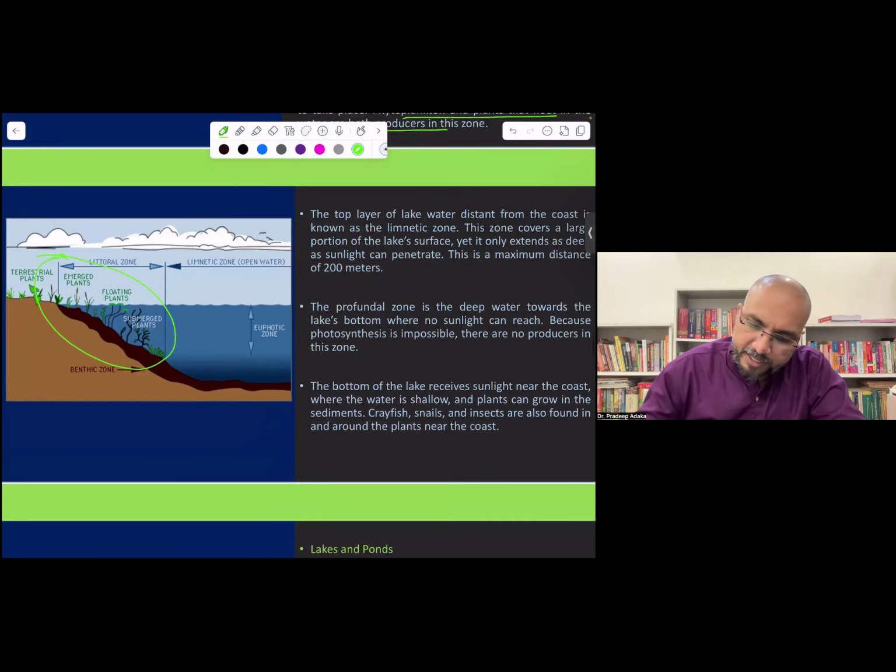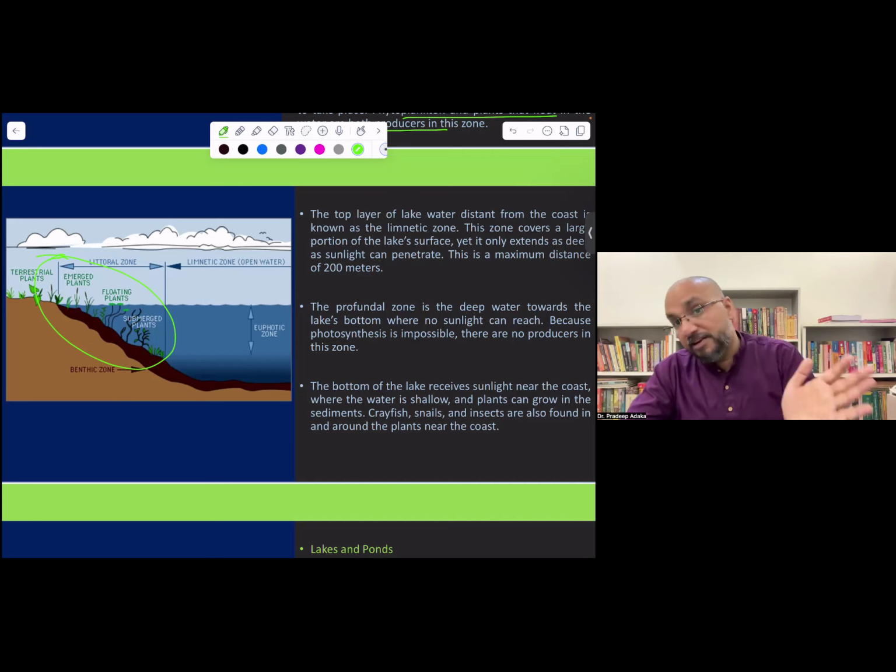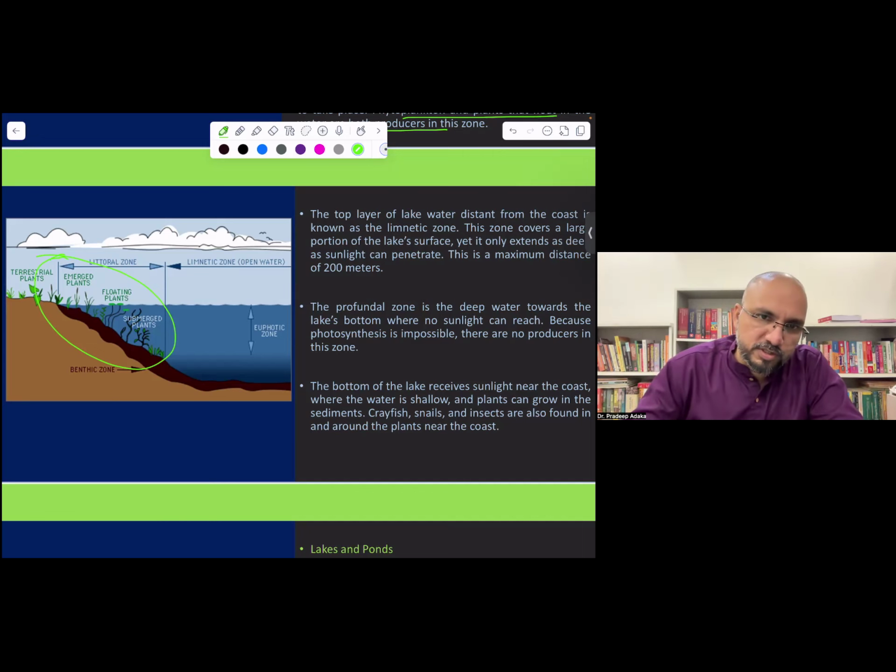The top layer of the lake water, distant from the shore, away from the coast, is known as the limnetic zone. So this area away from the shore is the surface water, the top layer.